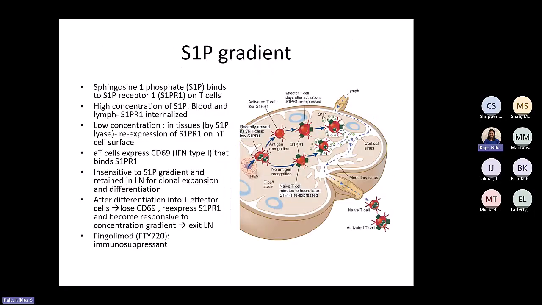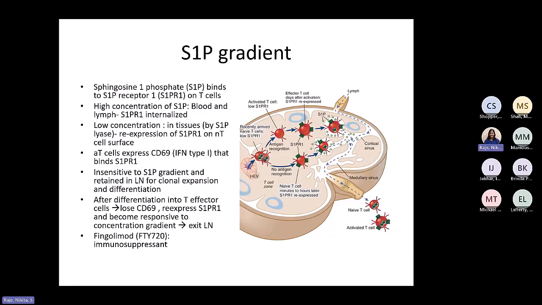How do the T cells get retained in this lymph node for longer time? So there is something called S1P gradient. So sphingosine 1-phosphate or S1P binds to its receptor called S1PR1. The S1PR1 receptor is on the T cells.